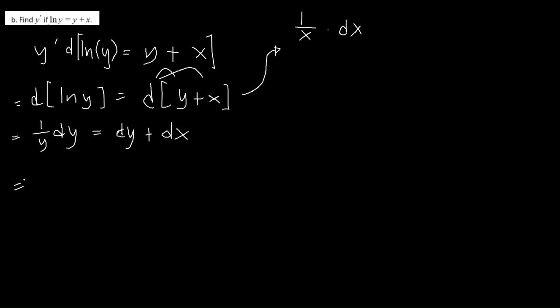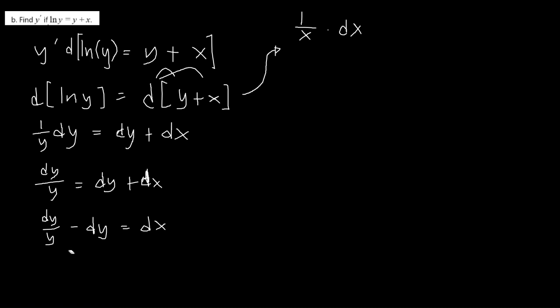So let me merge 1 over y times dy into one term so we can understand it better. Once again, we will group the like terms, so this becomes dy over y minus dy equals dx. I'm just writing the equal sign for you to understand that it's the next step.